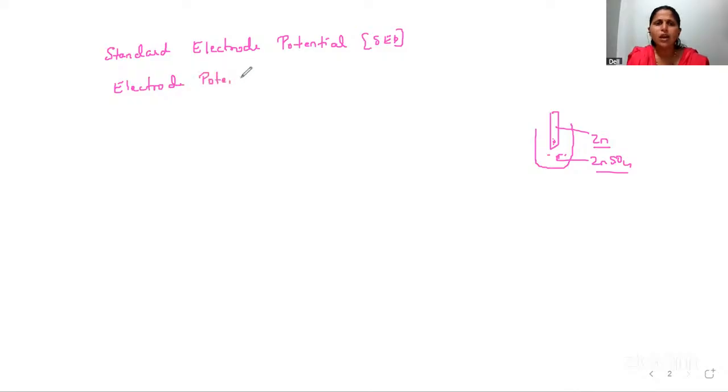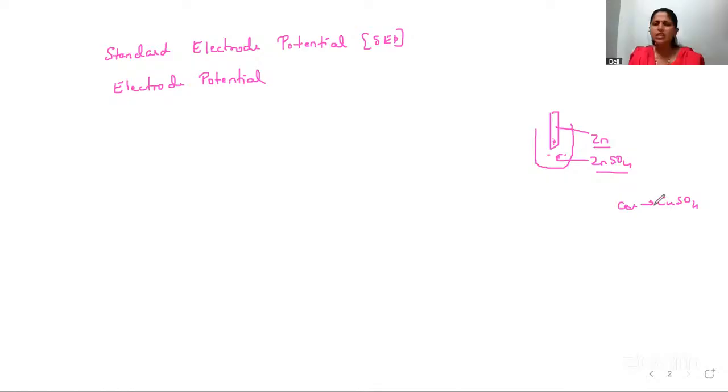Similarly, if I talk about copper and CuSO4 solution, between Cu and CuSO4 solution there is some potential difference, and I call it electrode potential. So what is electrode potential?